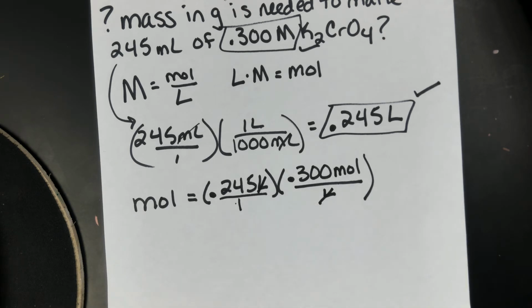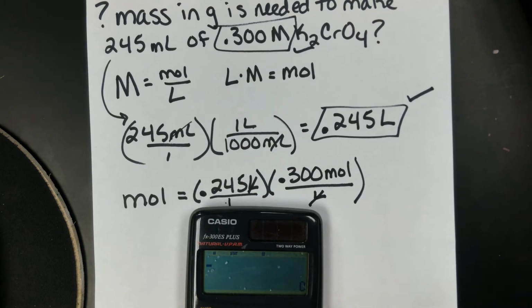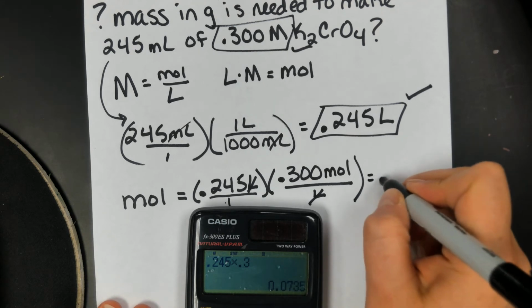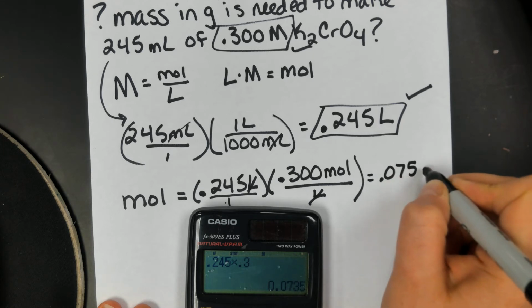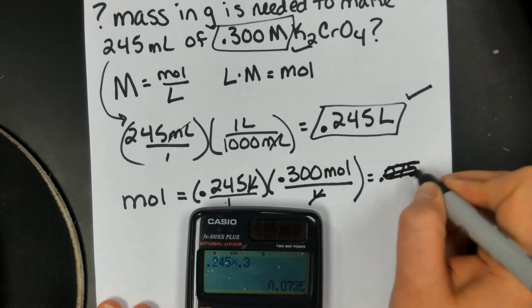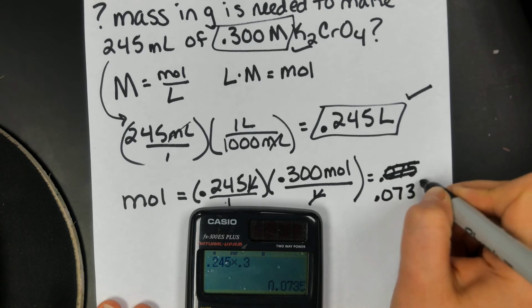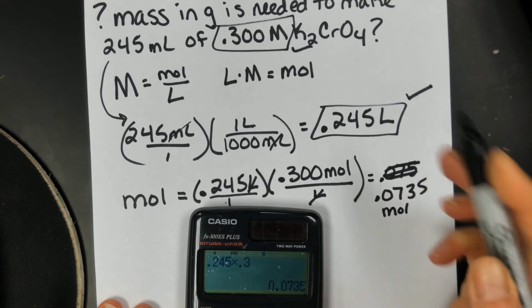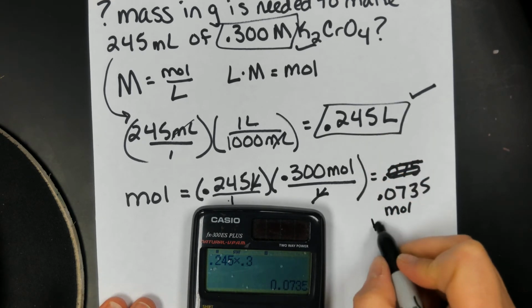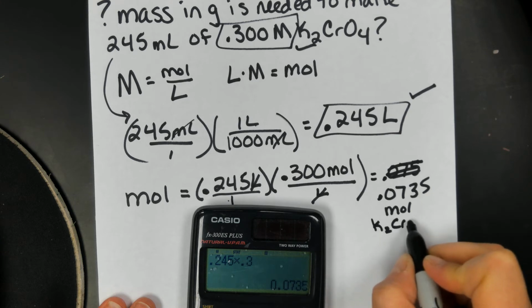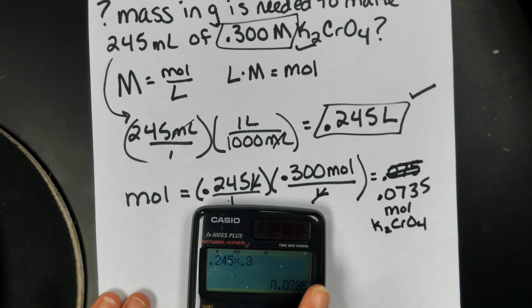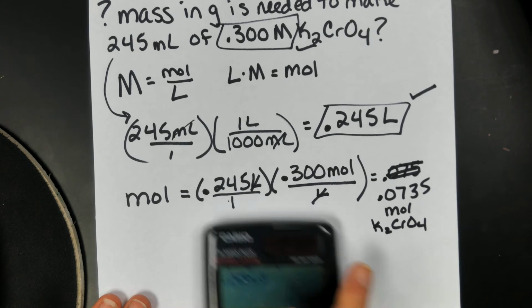So I'm going to type this in my calculator. 0.245 times 0.3, I get 0.0735 moles of potassium dichromate. So moles of K2CrO4. Nice. Or no, potassium chromate, not potassium dichromate.